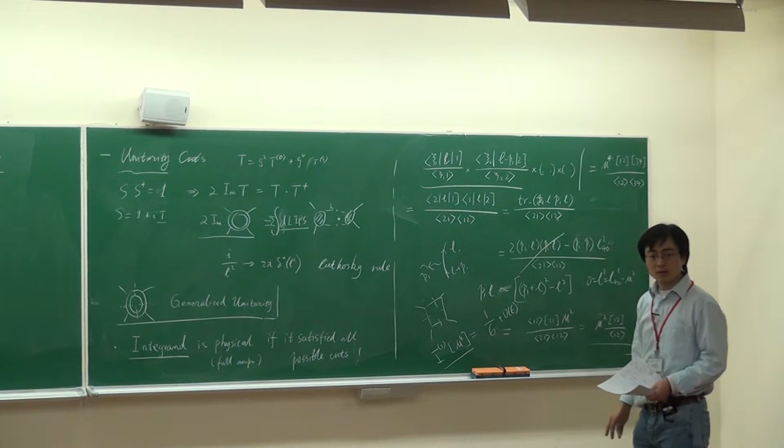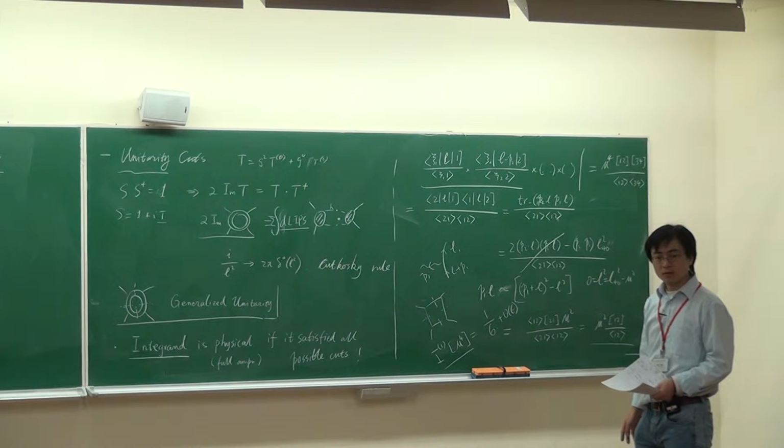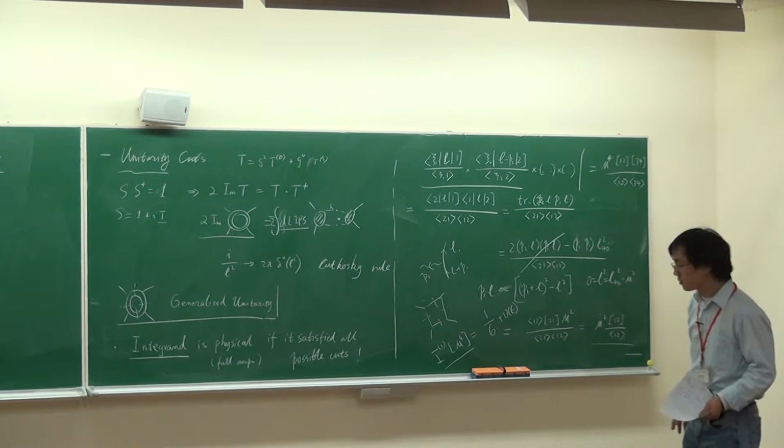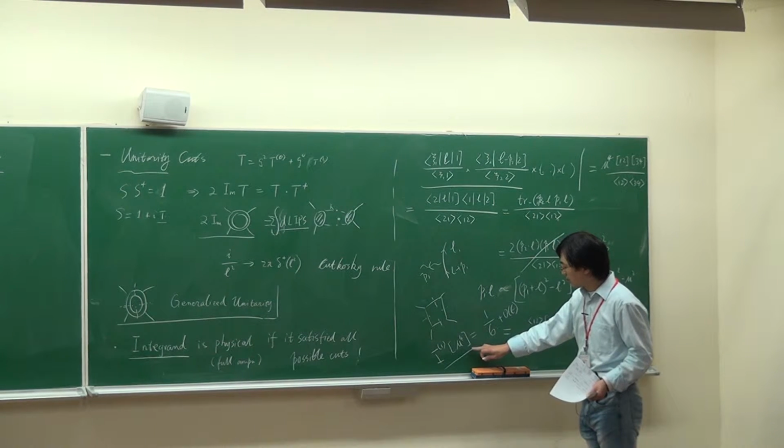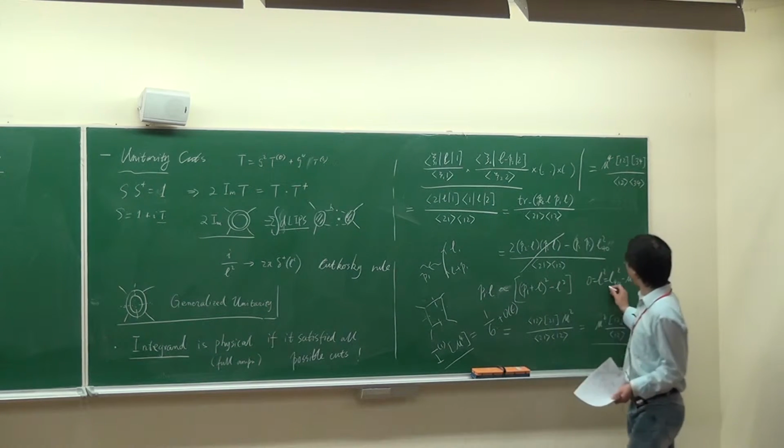You say here the dependence on the Higgs column, mu, just drops out. Sorry? Dependence on the column. Mu is defined by this condition.